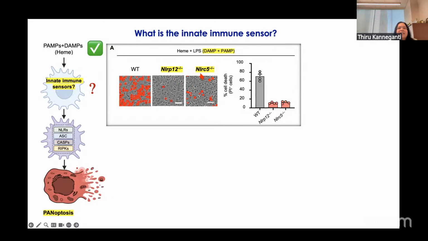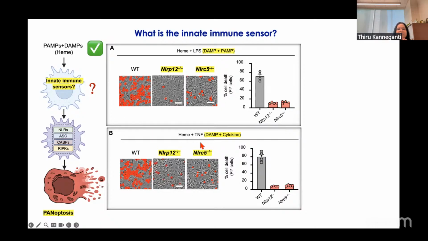These are the same molecules I started off with as a postdoc. At that time, I couldn't really discover any functions for them because we were believing in the dogma that only one trigger can engage one sensor. We never really appreciated the concept of a network of innate immune sensors driving this disease upon sensing PAMP-DAMP combinations.